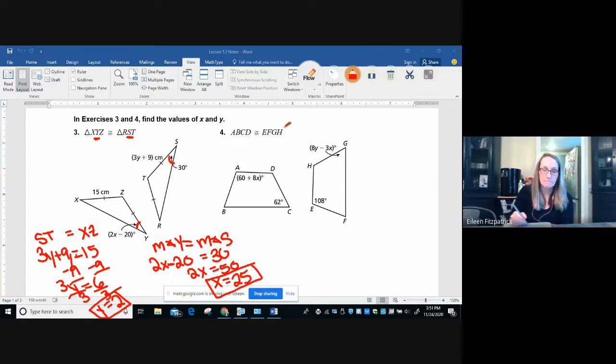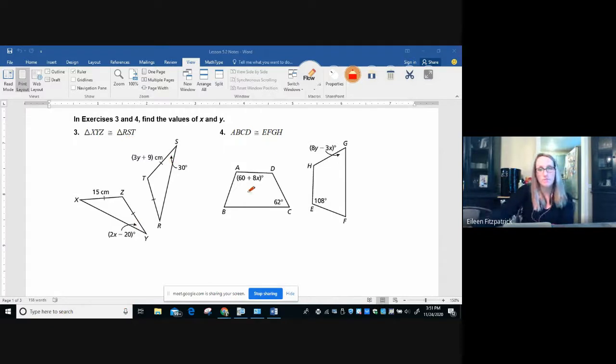All right. Let's move on to the next one. So angle A, this angle here, first letter, matches up with angle E, this letter here. So I know the measurement of angle A is equal to the measurement of angle E. So I can set them equal to each other. Let me erase because I can't see what it says.